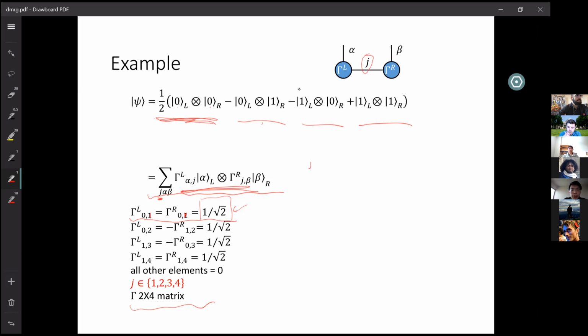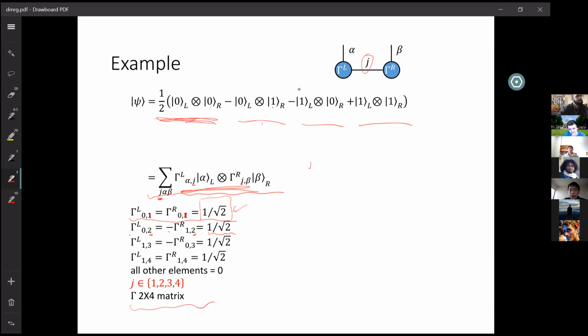Then similarly for the second term, I will use J equals 2 to take care of it. So J equals 2 here, and I want alpha equals 0 and beta equals 1 to give me a wave function that's minus 1/2. So I just assign 1 over square root 2 and minus 1 over square root 2 to the two tensor elements, and all other elements are 0.